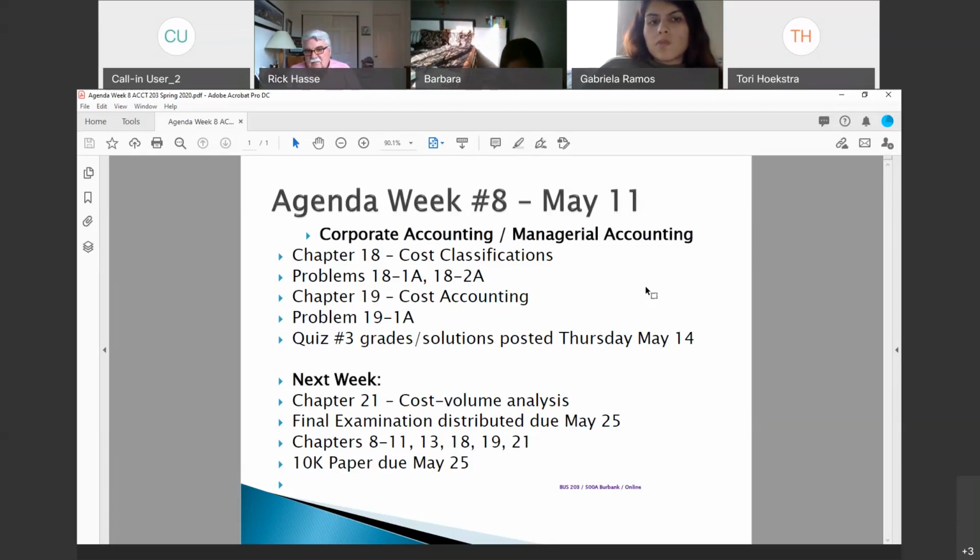Chapter 19 is about cost accounting, taking all those cost classifications and wrapping them in to determine what it costs us to produce something. And Chapter 21 is talking about how much product we have to sell before we can start making money?